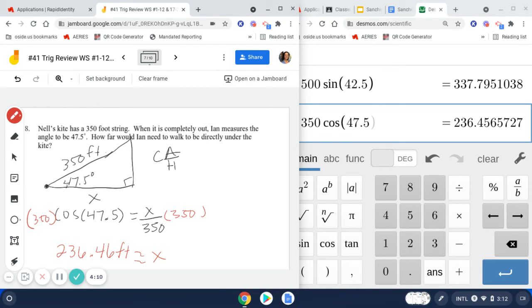How far would you need to walk? Ian would need to walk approximately 236.46 feet. How'd you do?